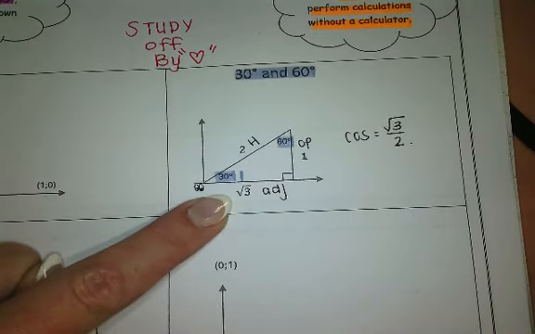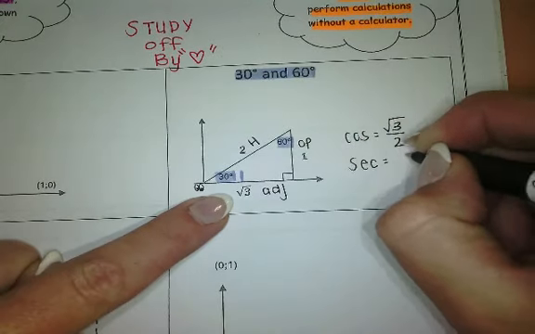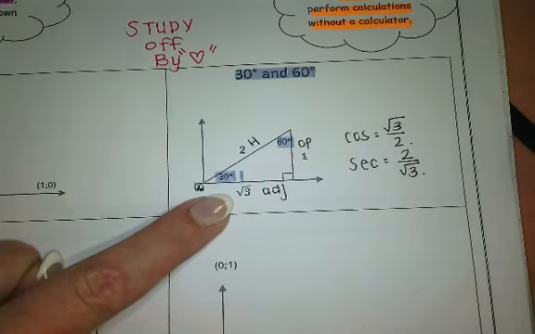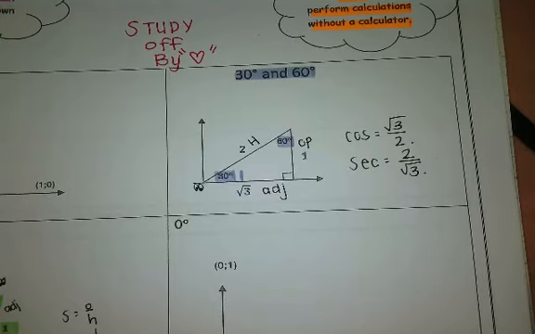Are you with me? Cos is square root 3 over 2. But we want sec, which is a reciprocal, so it's going to be 2 over root 3. The reciprocal when we're working in a triangle is just taking the 2 sides and switching the position in the fraction.